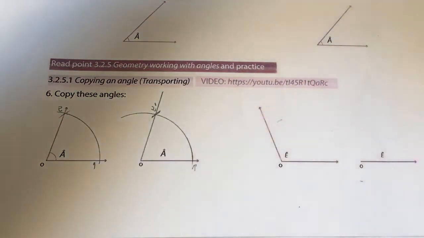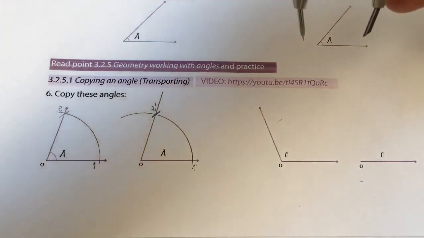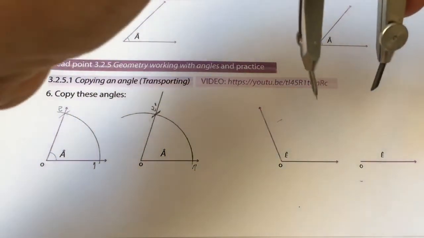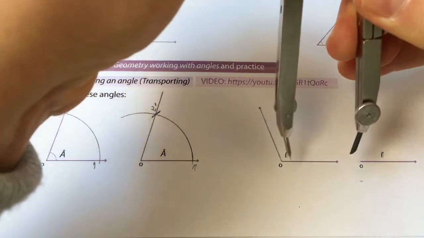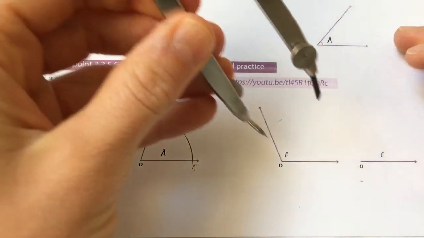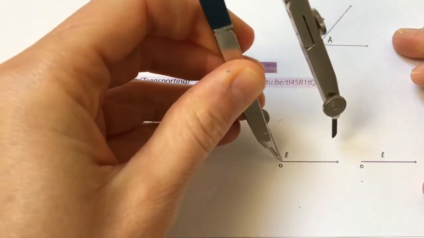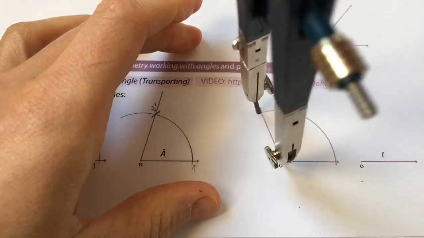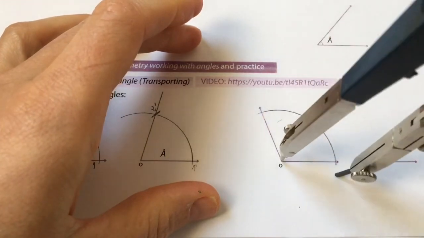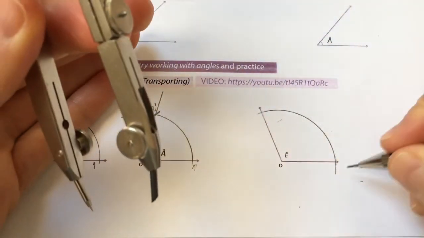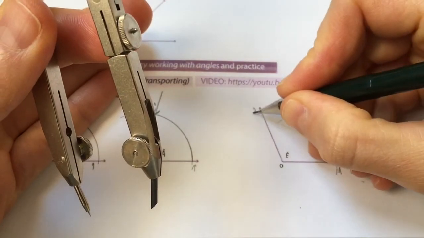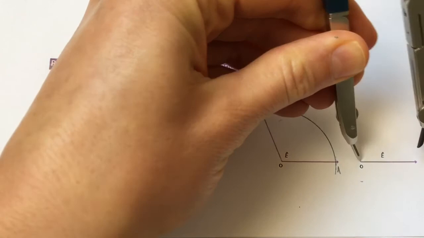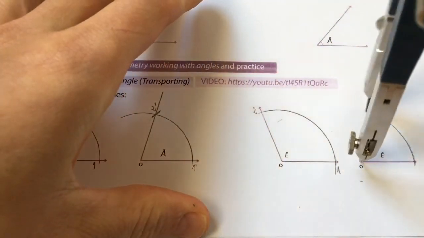To make the construction or to copy angle E, we apply exactly the same procedure. Open your compass at any radius and draw an arc that intersects the rays of the angle at 2 points, point 1 and 2. Exactly with the same radius, make a second arc on top of the given ray.